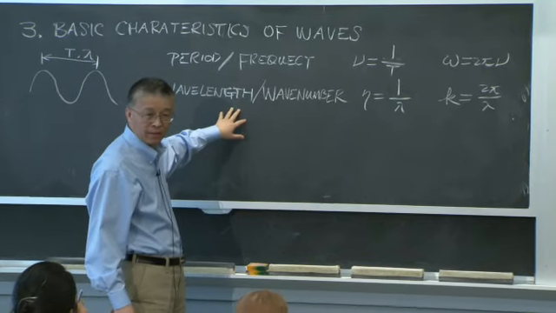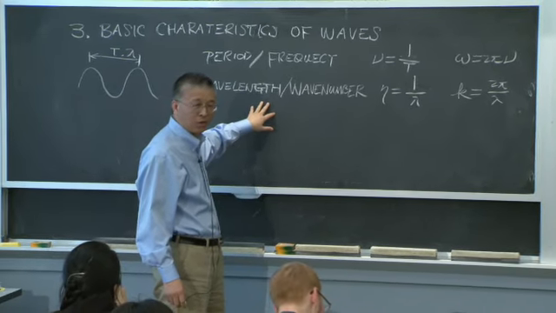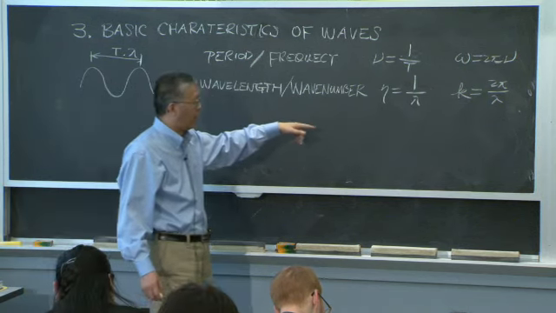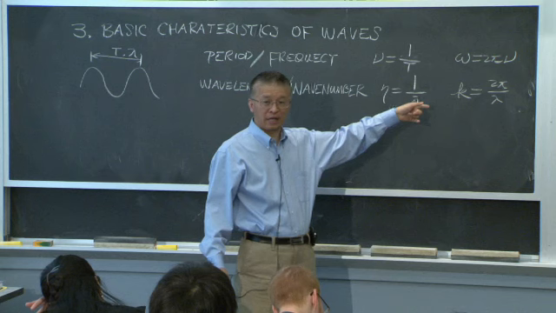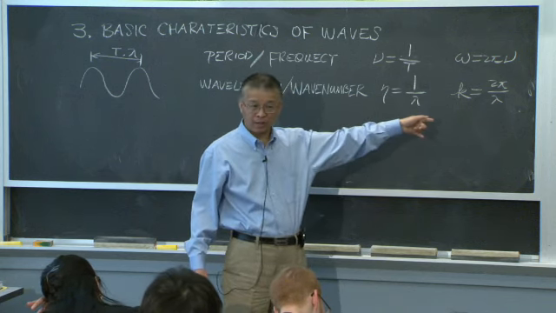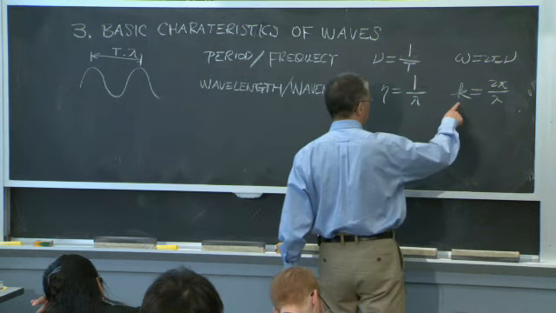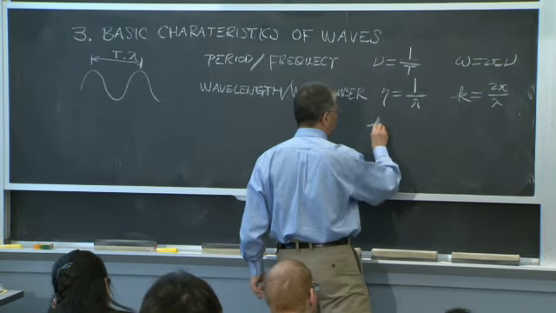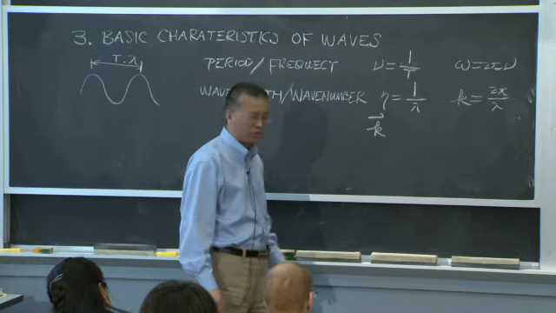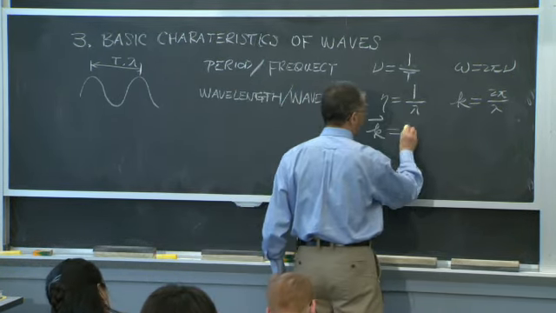Space has direction. So when a wave is traveling in a certain direction, I can say this is the wavelength in that specific direction. I can have kx, ky, kz. So k in general is a wave vector, kx, ky, kz.